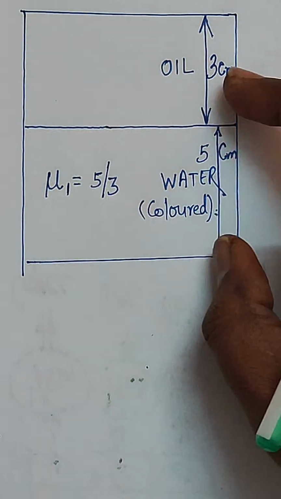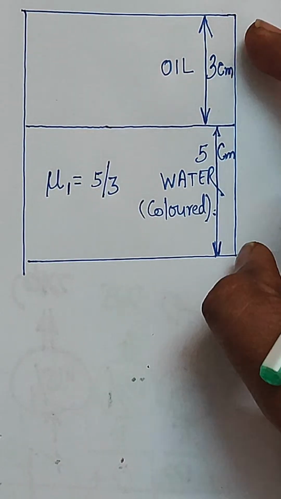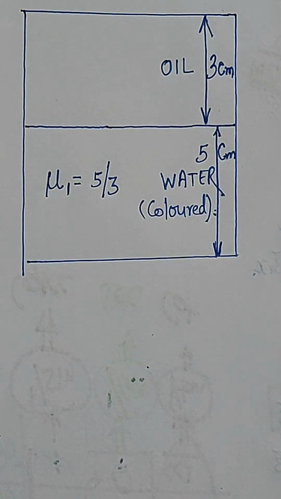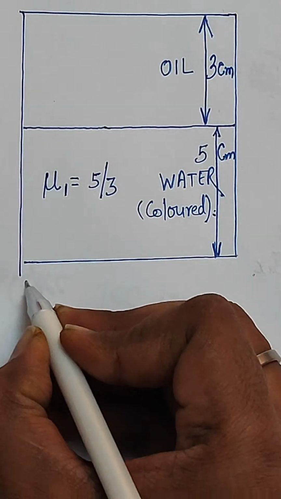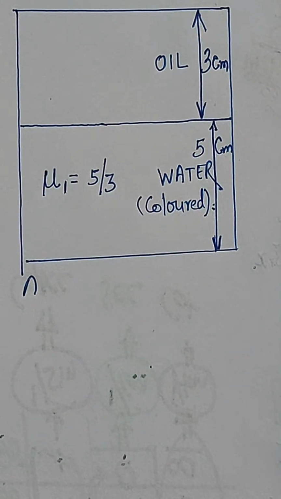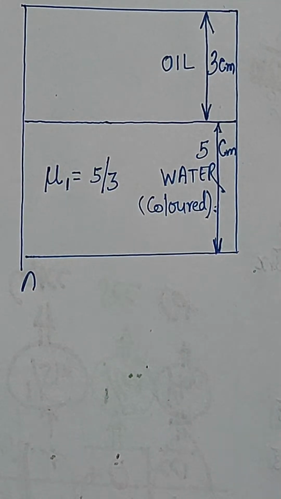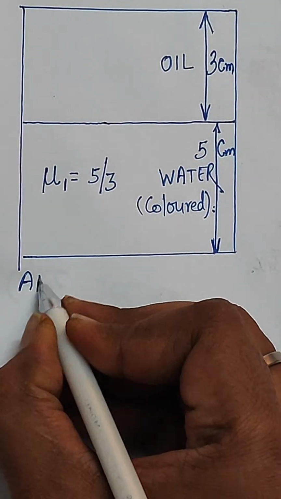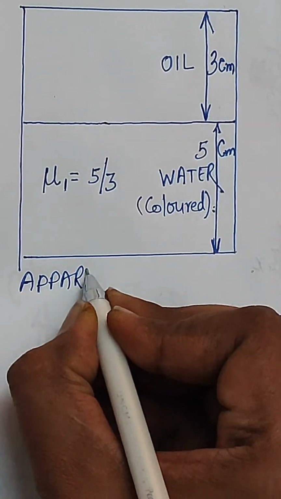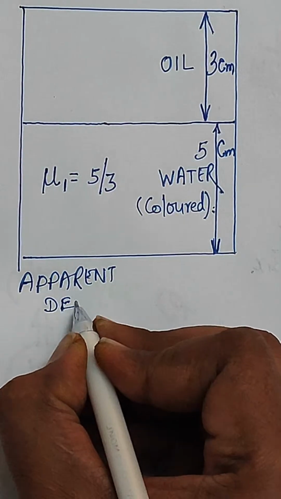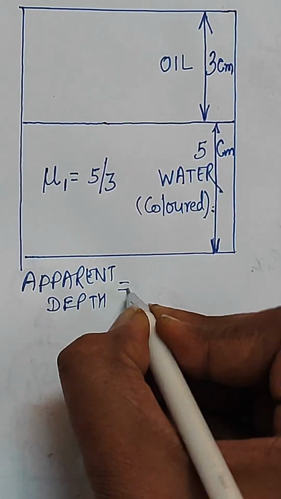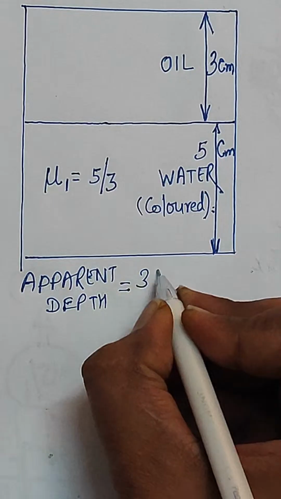and the apparent depth of the two liquids appears to be 36 by 7 centimeter. So the apparent depth as given to you in the question is of value 36 by 7 centimeter.